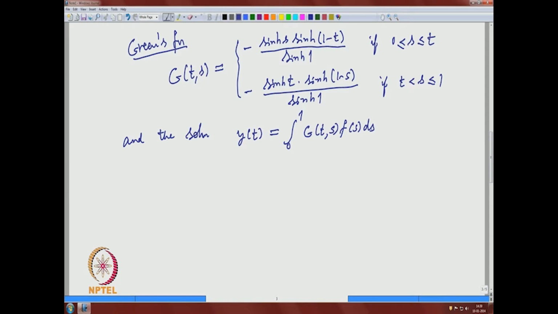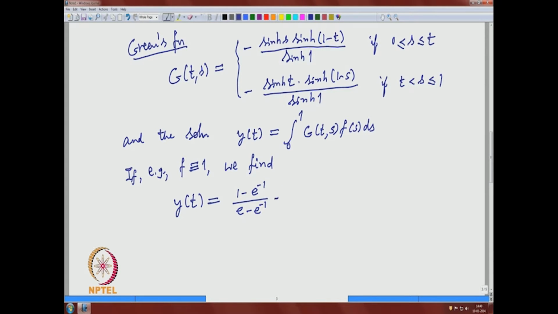If you take a particular f, for example f identically equal to 1, we can integrate this easily, and you can easily check that y(t) is equal to 1 minus e to the minus 1 divided by e minus e to the minus 1. This is coming from sinh 1.